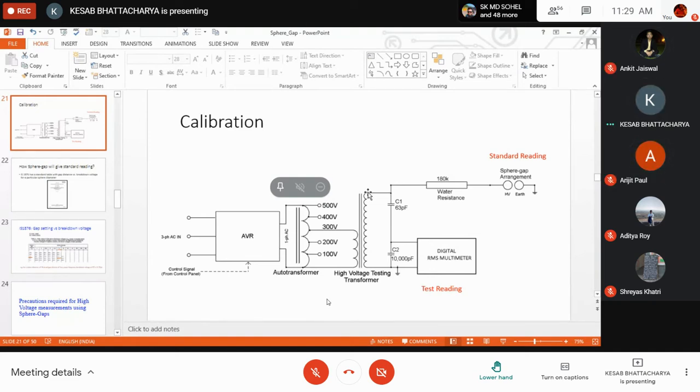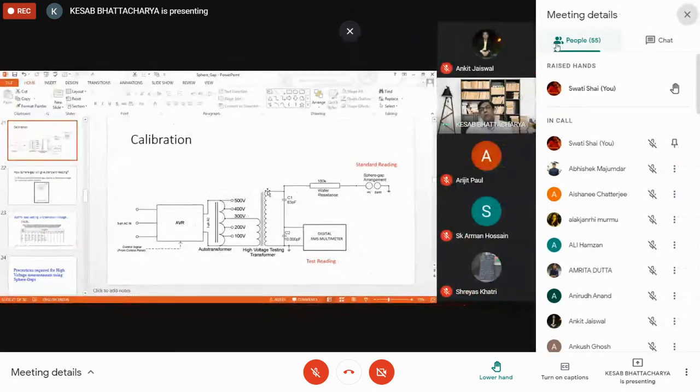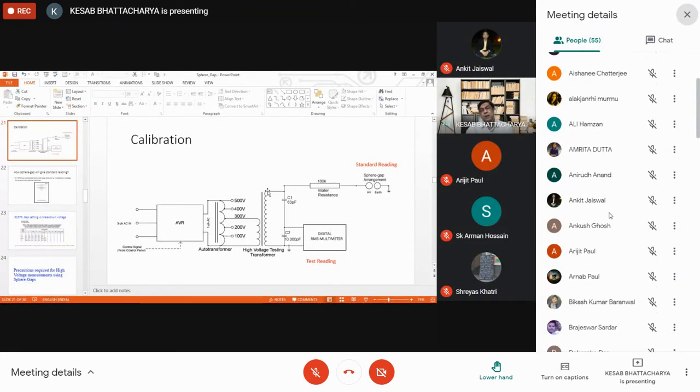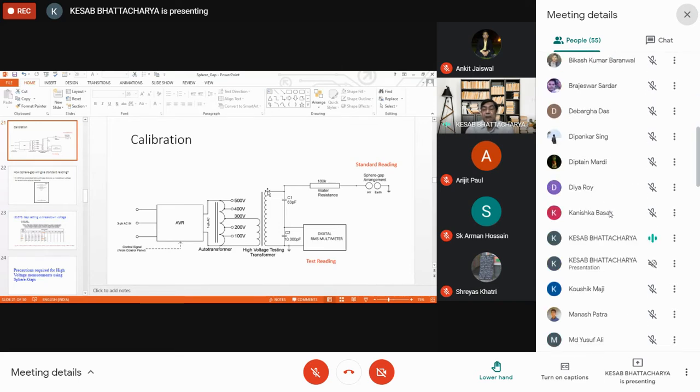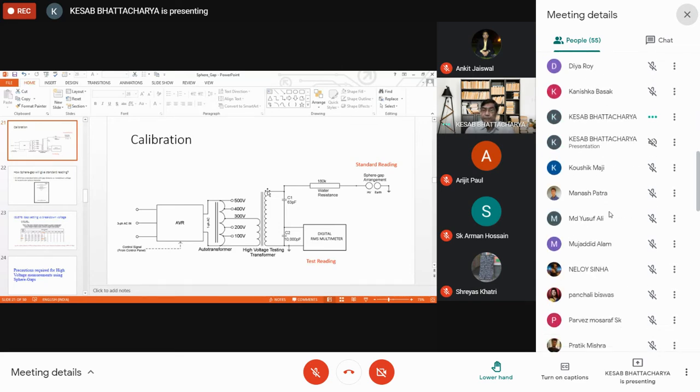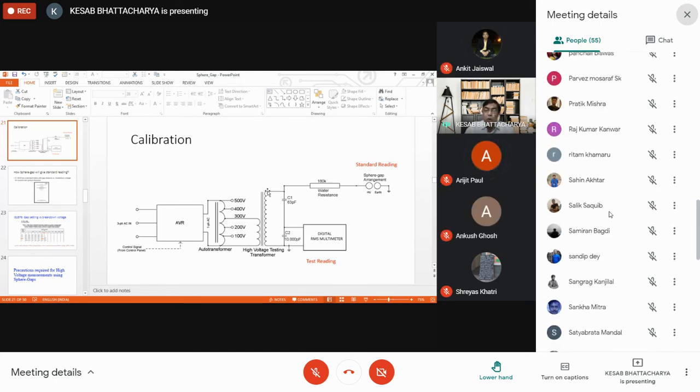Now, the capacitive reactance of C1 is equal to 1 by 2 pi f into 63, and for C2 it is 1 by 2 pi f into 10 to the power 5. So the capacitive reactance will be much greater for C1 than C2. Agreed?